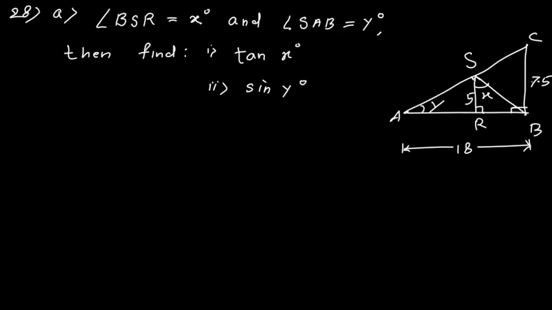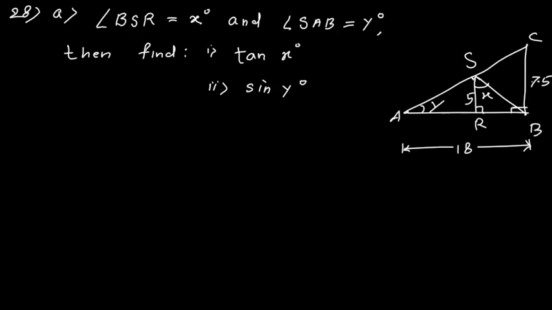We have to find the value of tan x and we have to find the value of sin y. So for sin y, this opposite side is given 7.5, we have to find the hypotenuse, and here in triangle BSR, we have given this value SR, we have to find the value of this RB, right? We have to find the value of RB.